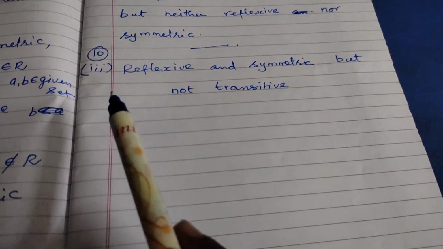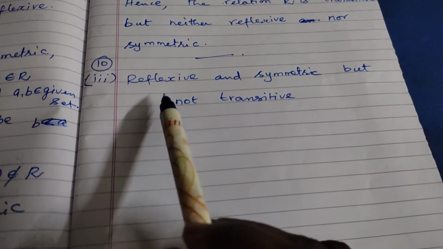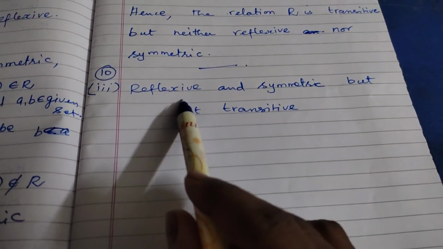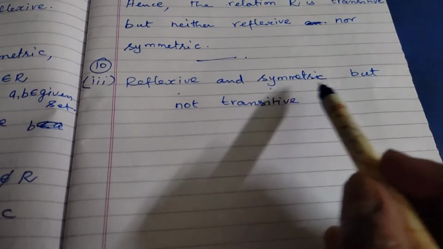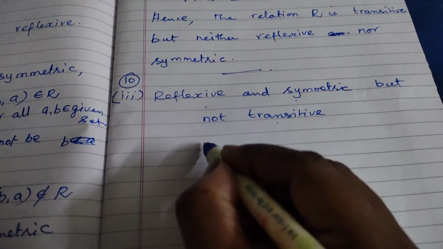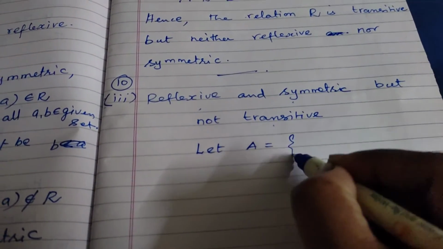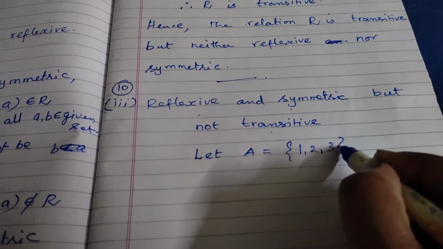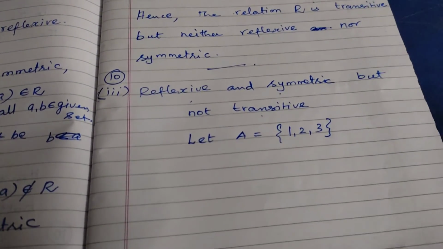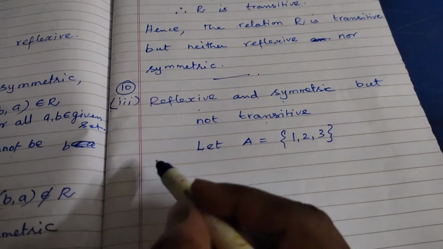Now, the third subdivision of the 10th sum: we have to give an example of a relation that is reflexive and symmetric but not transitive. Now we take the set A equal to the set of all 1, 2, 3.